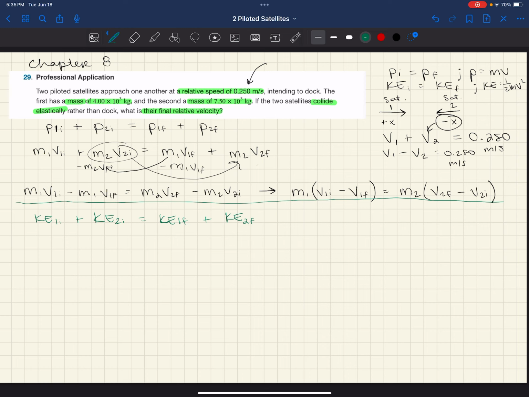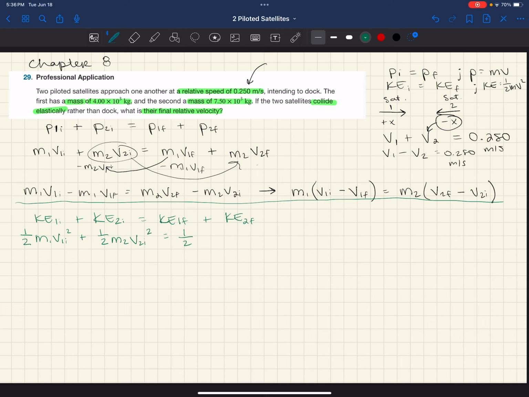We can replace our terms, so we have 1/2 mass 1, velocity 1 initially, and that's squared, plus 1/2 mass 2, velocity 2 initially, and that's squared.